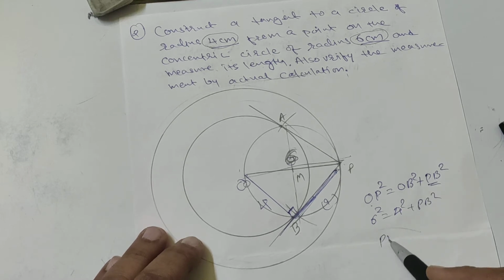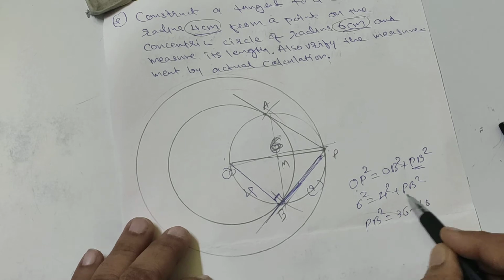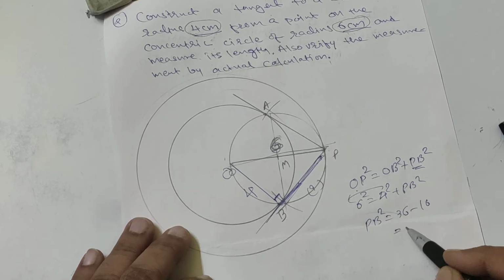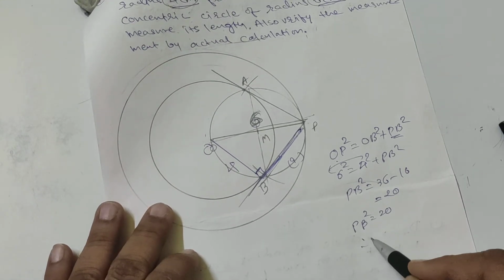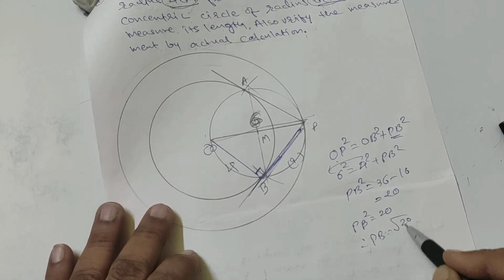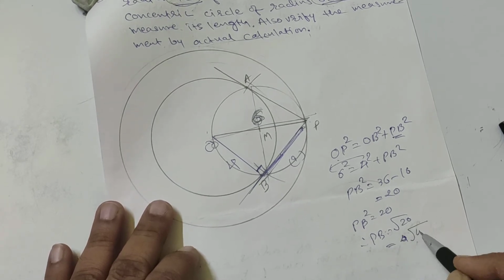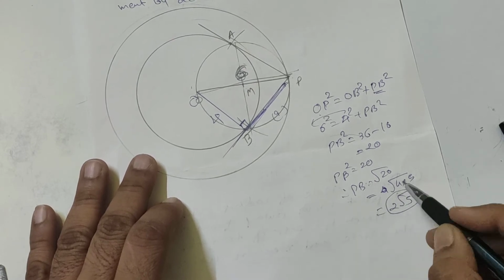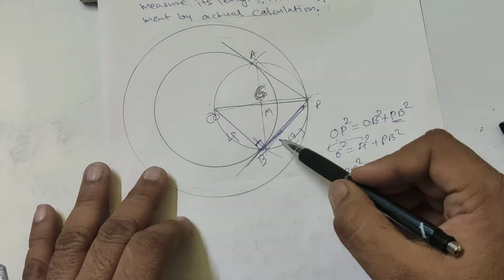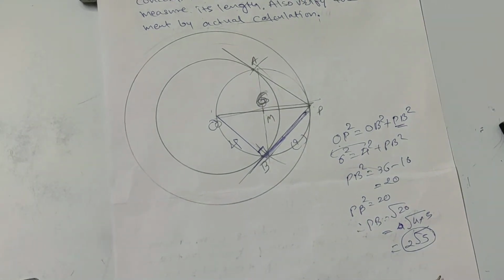Therefore PB square is equal to 36 minus 16, so 20. So PB square will be equal to 20. Therefore PB is equal to root 20, or you can say root of 4 times 5, so 2 root 5 will be the length of this tangent. So this will be somewhat 2.5. That's it.